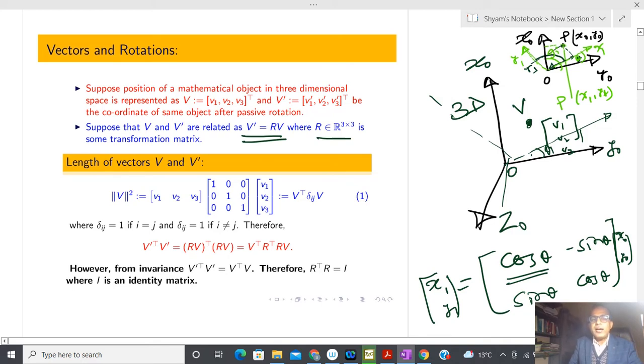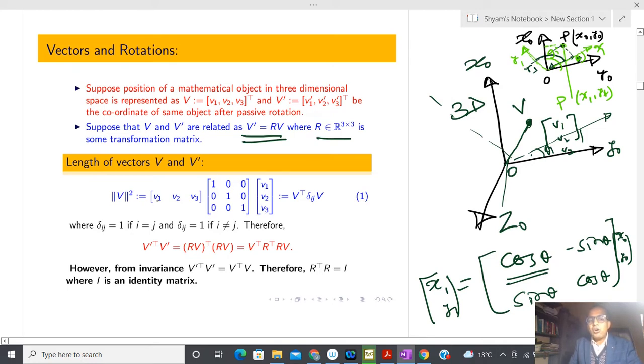Here first I am going to calculate the length. Suppose this is the vector in this coordinate frame, x0 and y0. You can calculate the length of this vector by the dot product. I can write this as v1, v2, v3 with a 1 kept here, and v1, v2, v3.